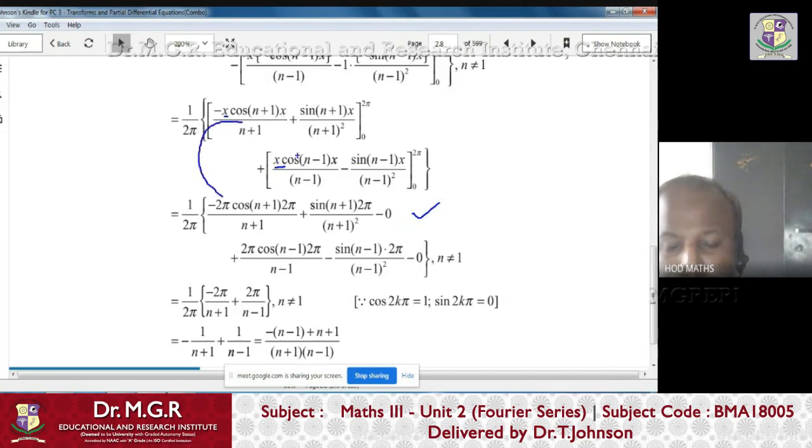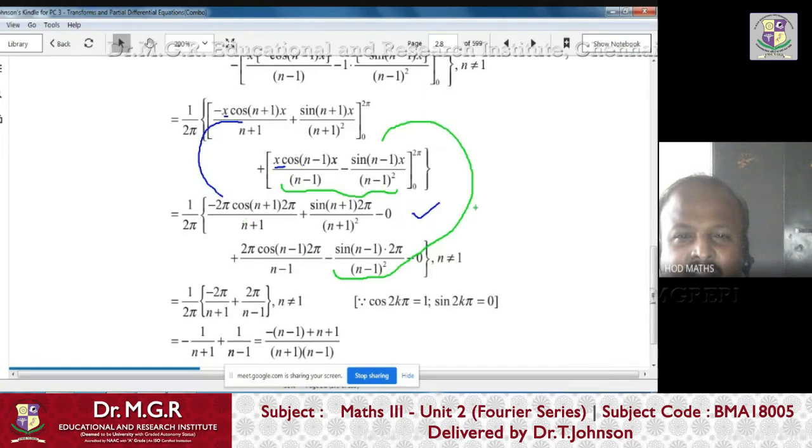Now you have to do the same thing for the second one, that is denoted here. Whatever is here for n plus 1 is the same for n minus 1. Apart from this, everything is the same. Here the minus sign is there, here the plus sign is there.